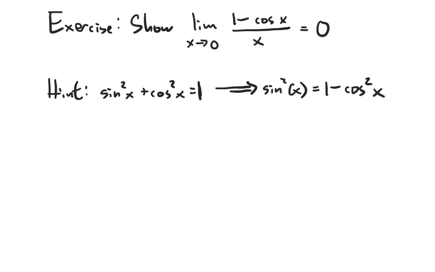And the other thing is remember that the limit as x approaches 0 of sine x over x equals 1. So those two facts will help you with this exercise. So try that on your own and see how that goes.